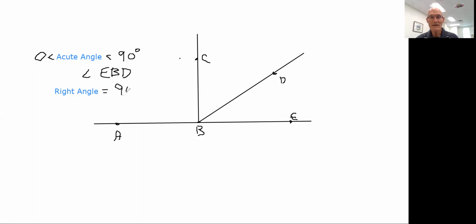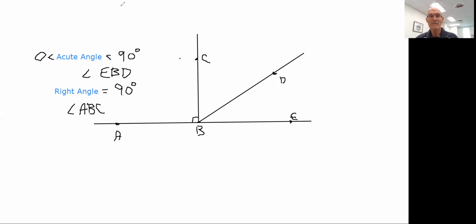The way you can tell when you have a diagram like this is that if you have a right angle, there will be a little square sitting right down here, like that, okay? When you see that little square, you know, for instance, that angle ABC is a right angle, because the measure of angle ABC is 90 degrees.